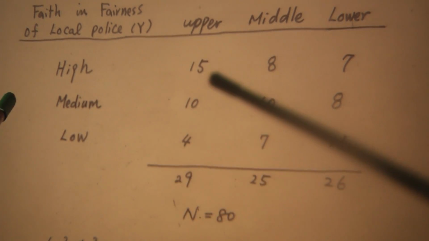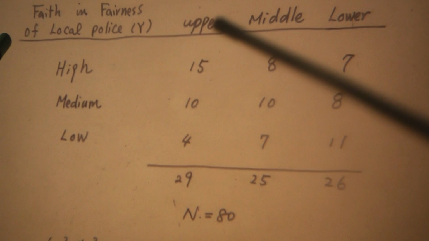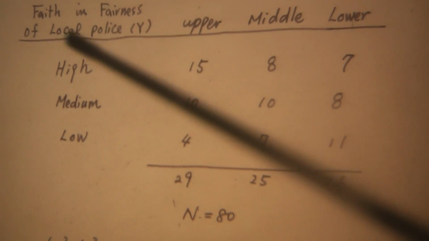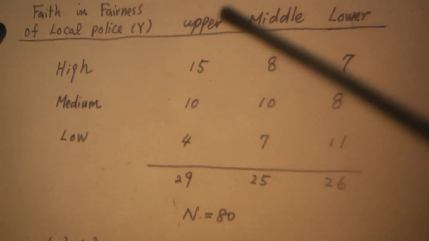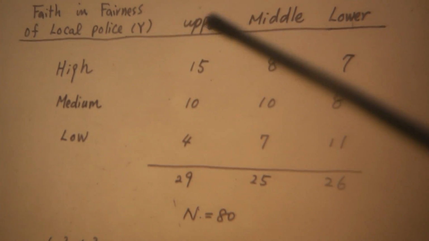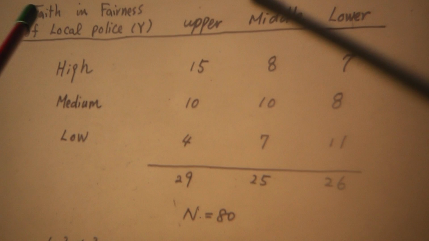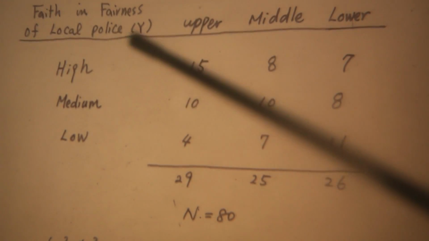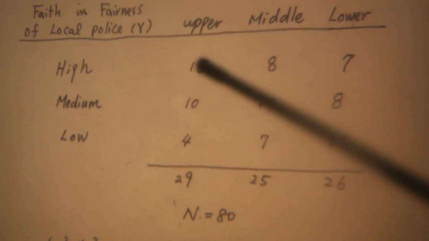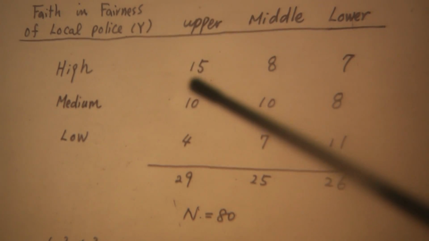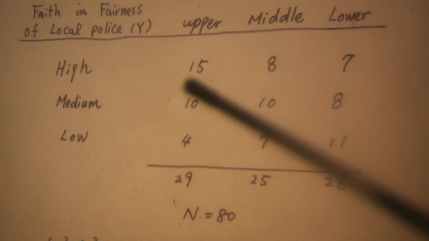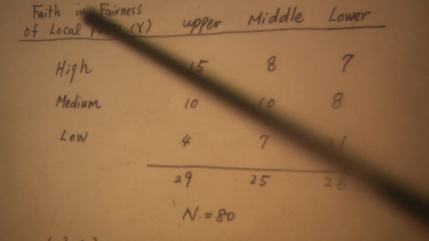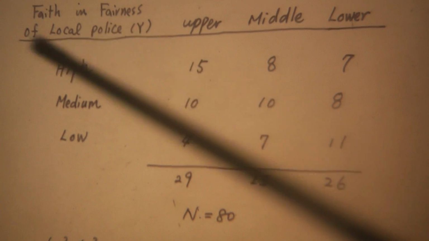How many upper social class people have faith in the fairness of local police is high? That number is 15. As you can see, upper social class have higher faith in fairness of the local police.